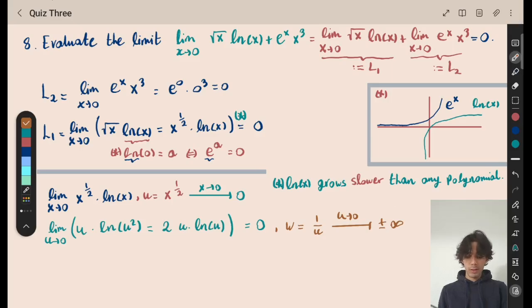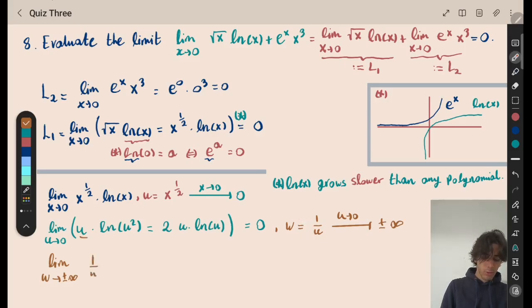So it's either plus or minus infinity. And then we will substitute once again. I'll put w instead of u, and I'll write plus or minus infinity. If w is equal to 1 over u, then u is equal to 1 over w.